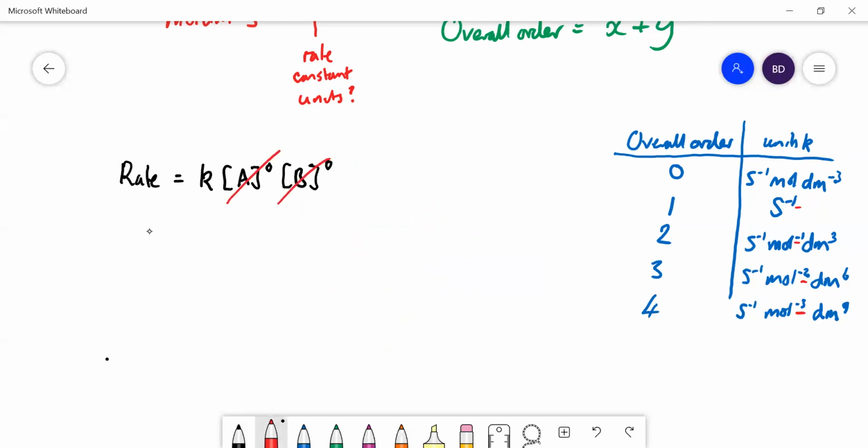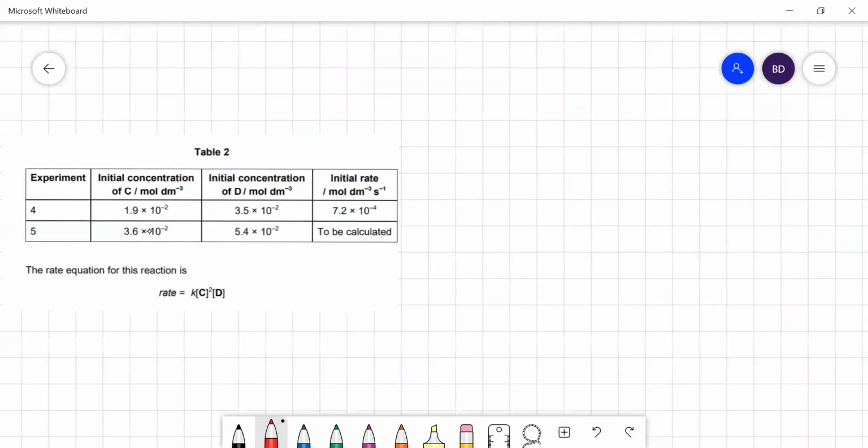So k is going to have the same units as rate, which is, of course, mole per decimeter cubed per second, which is what we said we'd get up there. Doesn't matter what order you put them in, of course. Okay, so that's just working out the units of the reaction constant k, and how it depends upon the form of the rate equation.